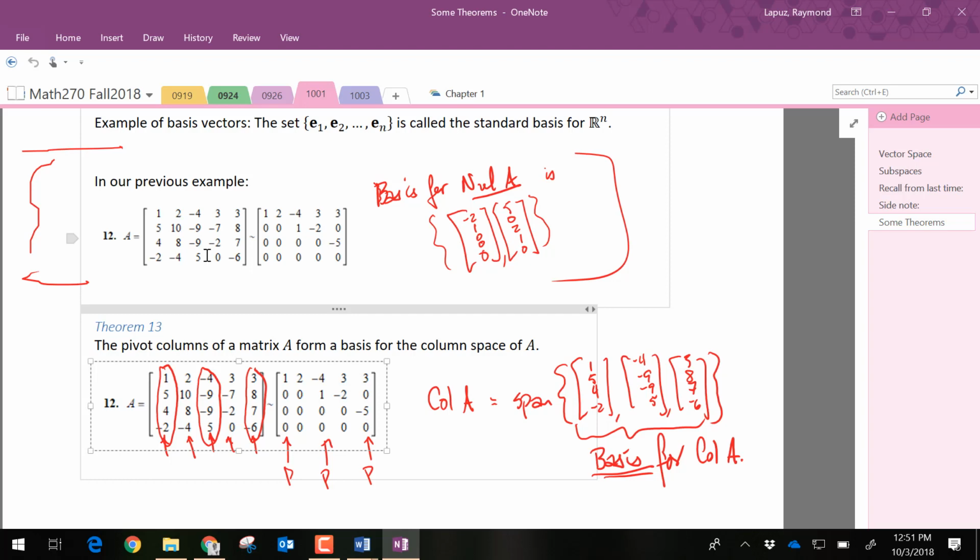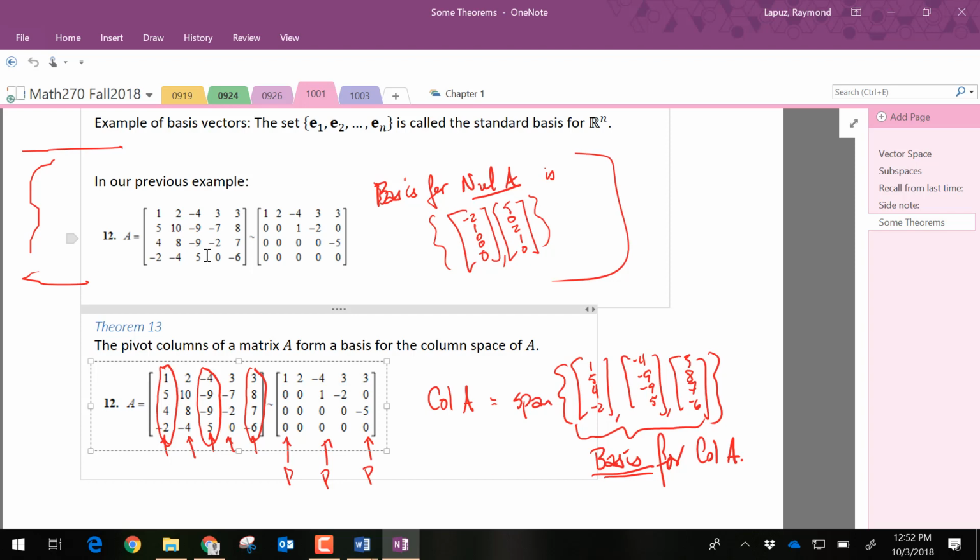But for the column space, all you have to do is identify your pivot columns. Once you have your pivot columns identified, you go to the original matrix and identify those pivot columns, and those will be the basis.